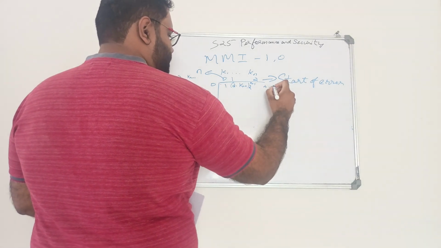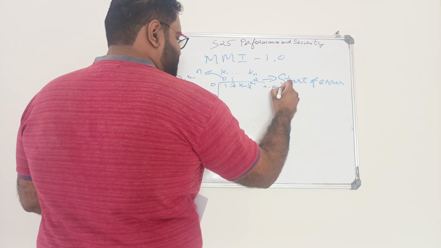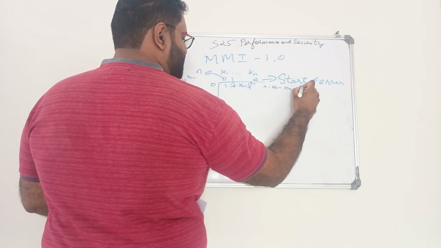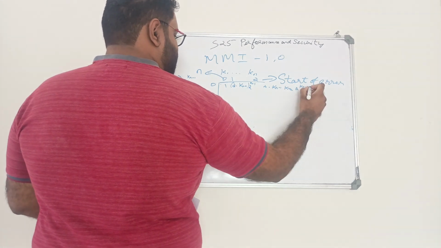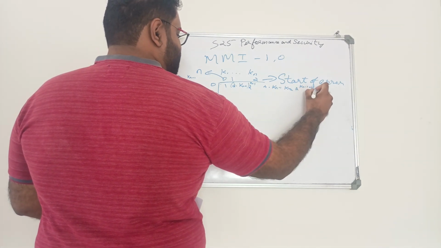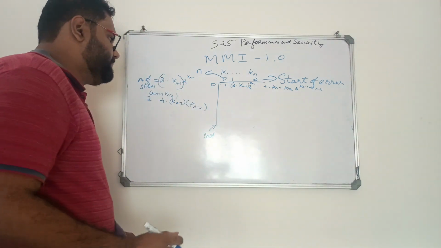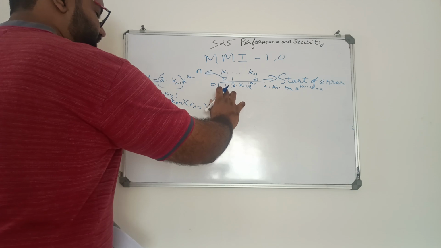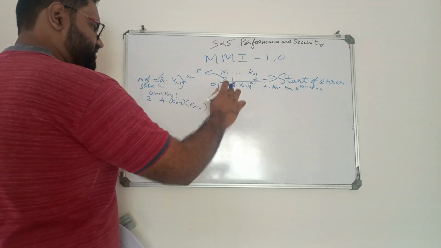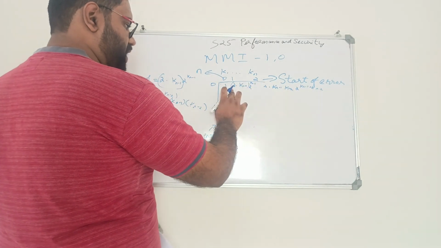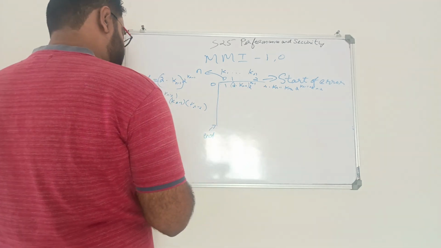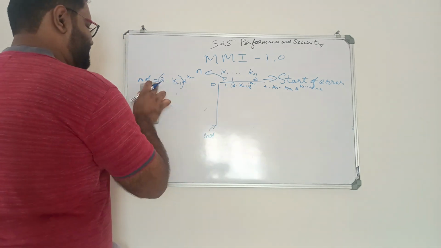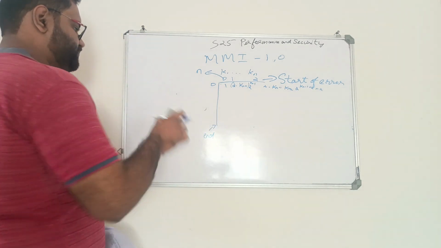But here I'm going to write 4 times kn minus 1, kn minus 2 times 2 to the power kn minus 1 plus kn minus 2. Okay, so now again there is going to be 2 to the power here. So this is 2 to the power 0, 2 to the power 1, and then 2 to the power 2. So what I can do is I can write the series as so.